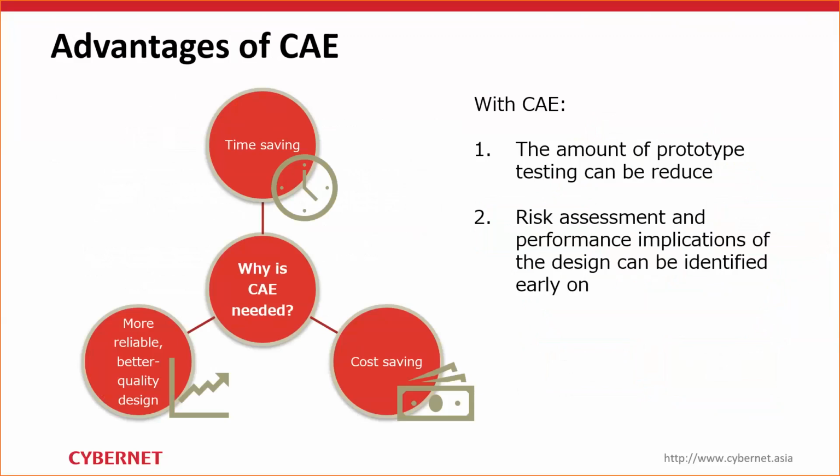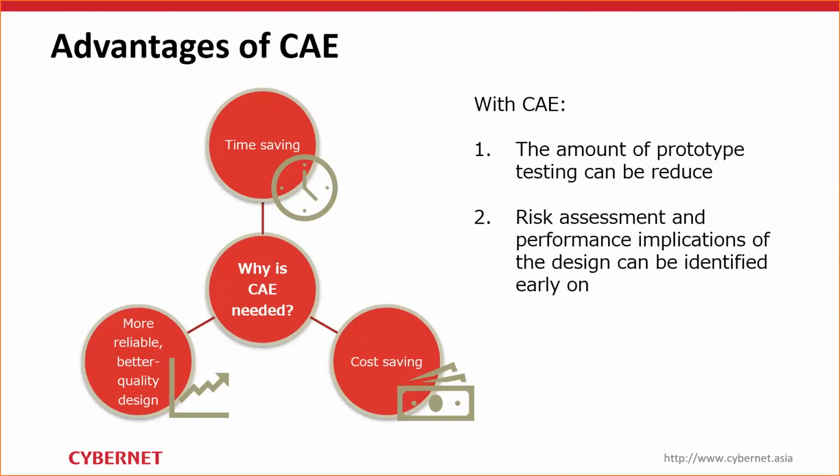Next, we move to the advantages of CAE. So essentially, why do we need CAE? Basically, with the shortening of the life cycle of product development and the pursuit of more compact and efficient product design, engineering becomes more and more difficult with just pure physical experiments.